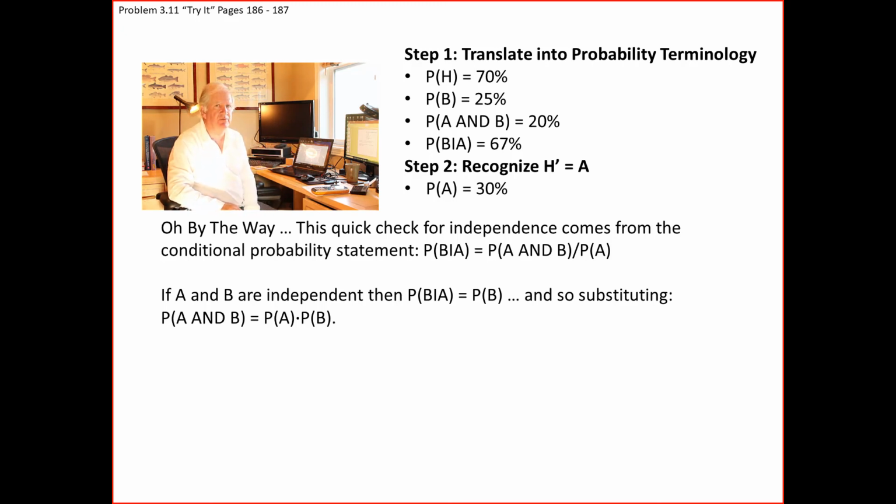That's what that relationship says: the probability of B given A is the probability of A and B divided by the probability of A. Then if A and B are independent, the probability of B given A is just the probability of B. B doesn't depend on A. So when you substitute that back into the above, you get the relationship for independence: P(A and B) is equal to P(A) times P(B). Yep. So let's take the next step.